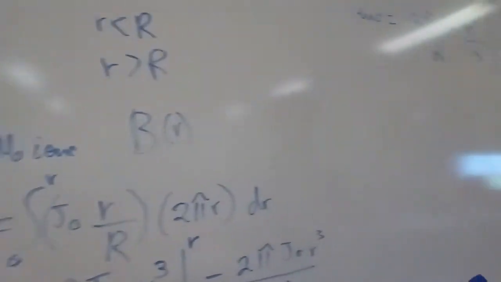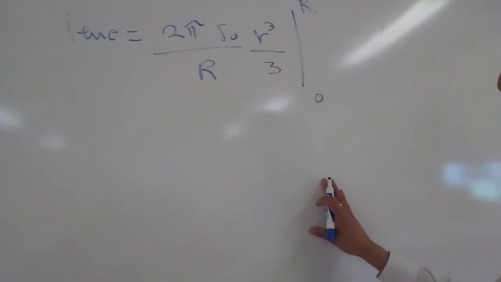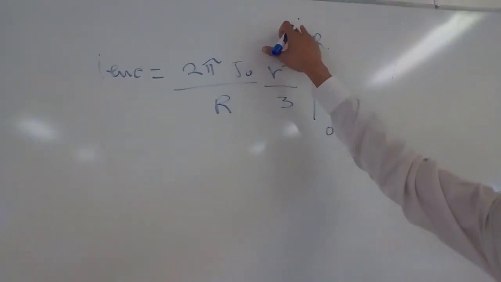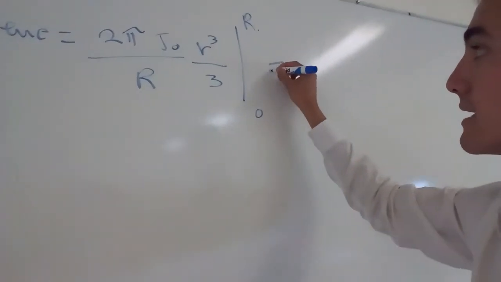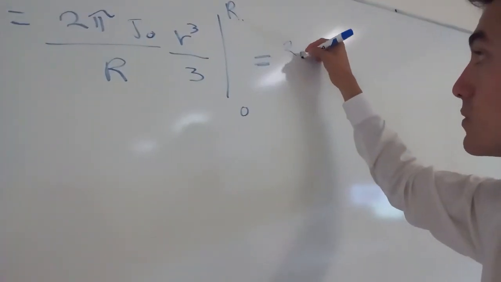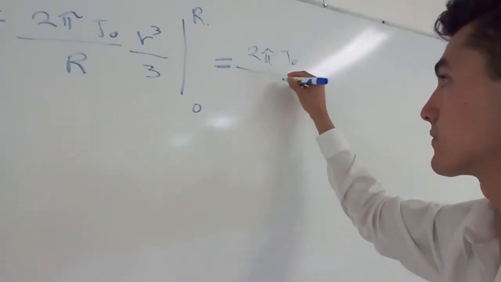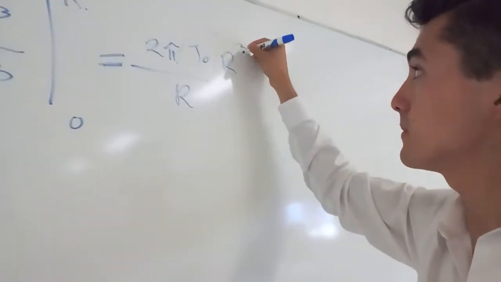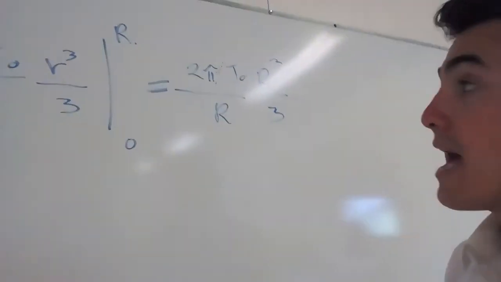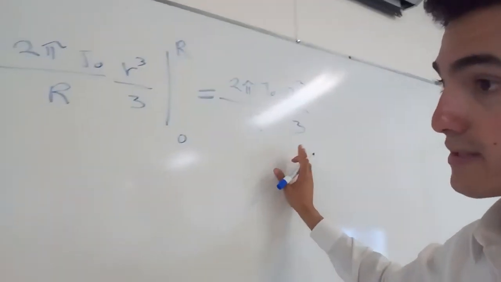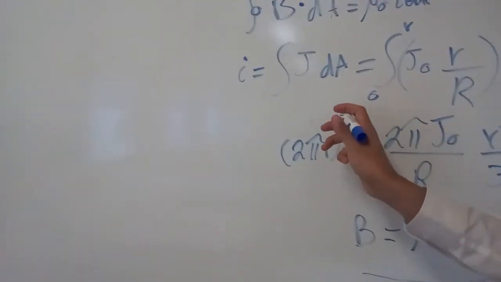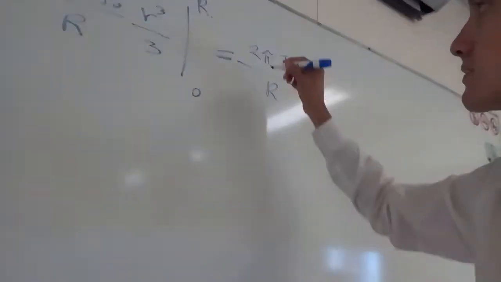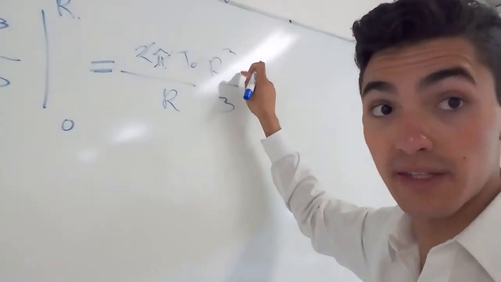Okay? So as we are considering from 0 to capital R, we are evaluating differently, so we are left with 2 pi J naught over R, but then here this r turns into capital R cubed over 3. And then once we move this part dividing, we can cancel the 2 pi, but the radius is not cancelled.